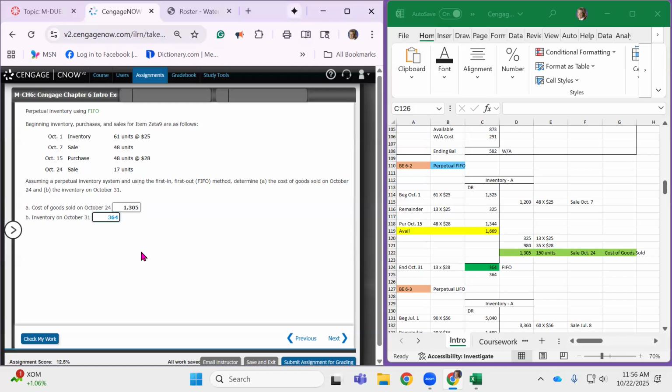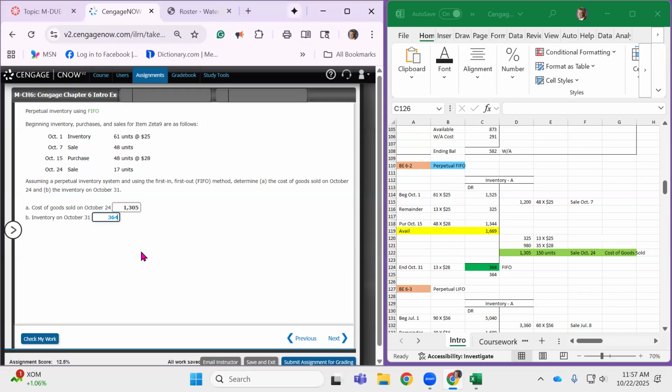Now we're going to make a purchase. P is for purchase. We're going to purchase 48 at a cost of $28 each. 48 times 28 is $1,344. Now we want to know how much is available. Always keep track of how much is available.